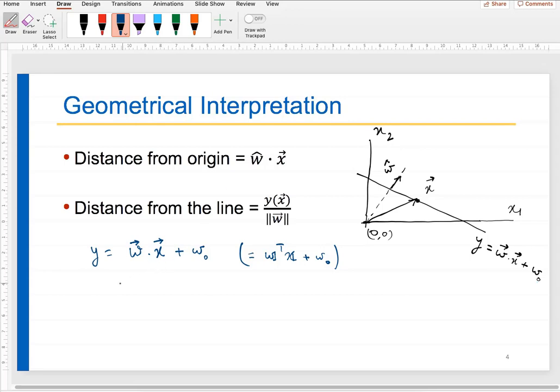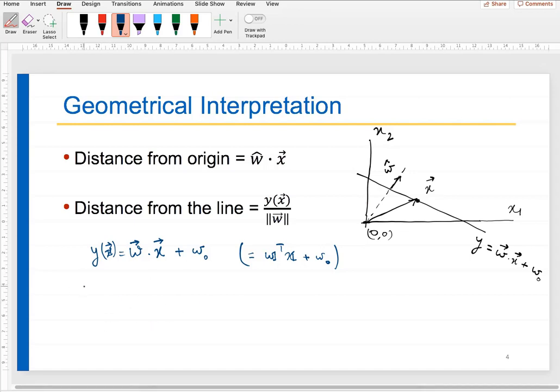So now if I give you any unknown point, y is a function of x vector, because w is fixed. My y as a function of x vector is w vector dot x vector plus w naught. Let's start with an example.